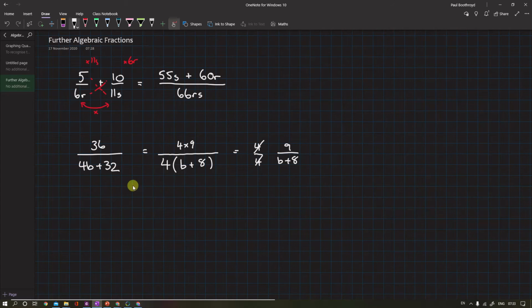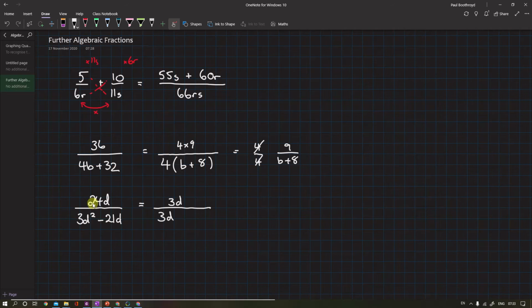Let's do another one with a bit of algebra in it. So we've got 24d divided by 3d squared, subtract 21d. Now we're looking through and we're going, well, 3, 21 and 24. That means I can bring out a 3. And notice all the terms also have d's, so we can take out 3d from each expression.